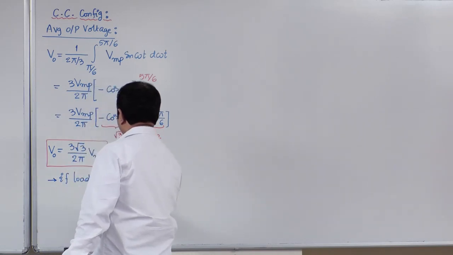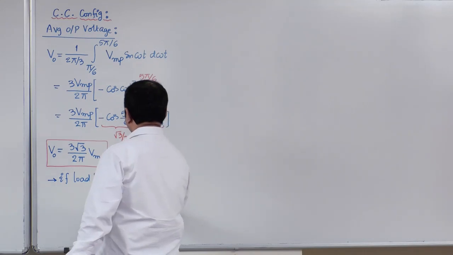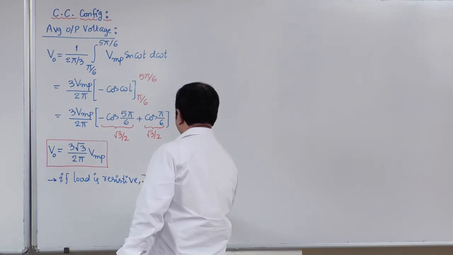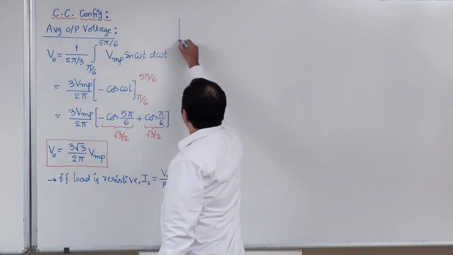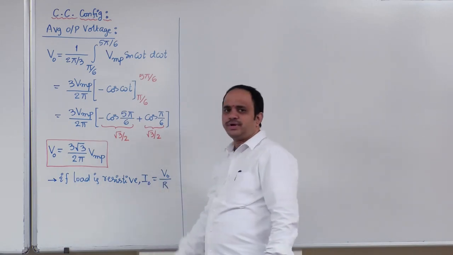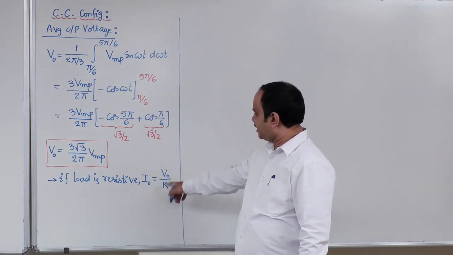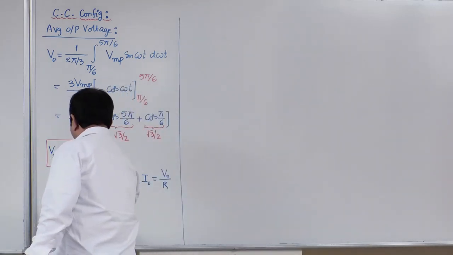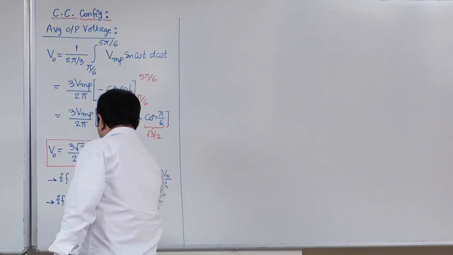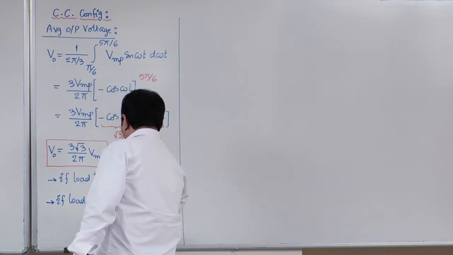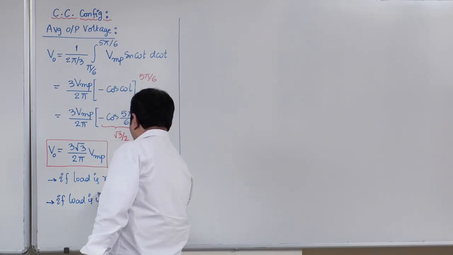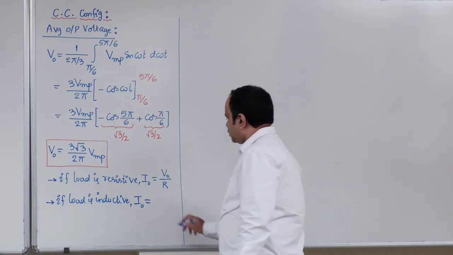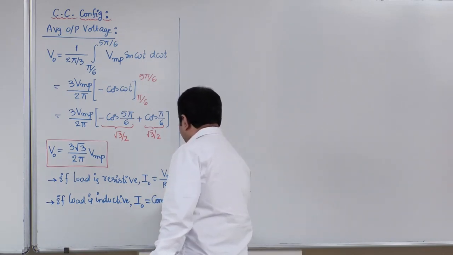Now, for example, if load is resistive, then we can write average output current is equal to V naught by R. If the load is inductive, as I mentioned earlier, in three-phase rectifier circuits, we can treat that load current is constant.